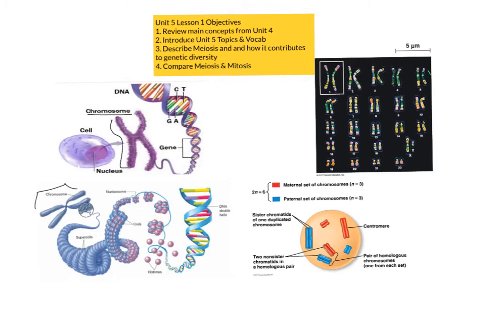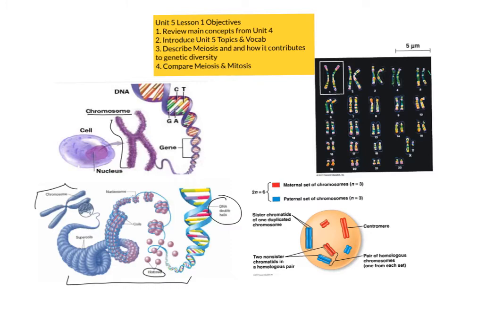Now, what I really liked about this figure right here is it shows that this DNA is actually wrapped very tightly around this protein that's called a histone. And that's what a histone is. It's these little purple spheres that help facilitate the tight wrapping, the tight coiling of DNA that we see in a chromosome.